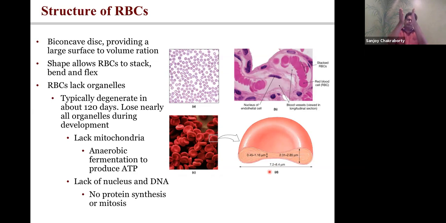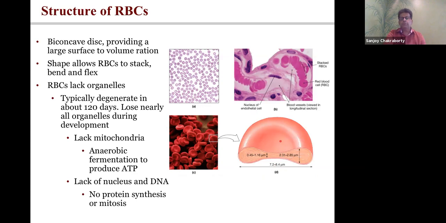On both sides, they have a narrower shape, so their middle becomes much narrower than the edge. If you imagine a donut without the hole in the middle, that's your red blood cell. It's like a disc, and this structure helps them squeeze through. They're a dynamic structure, so they can squeeze through those tiny capillaries as well.